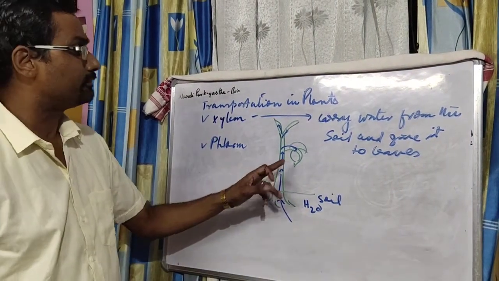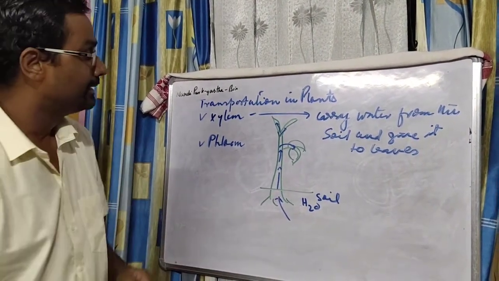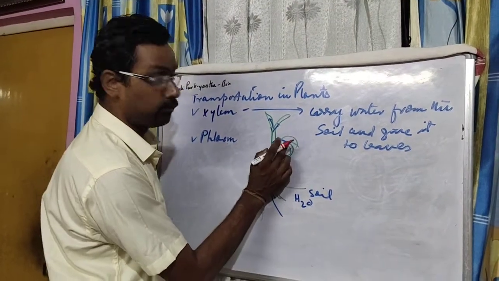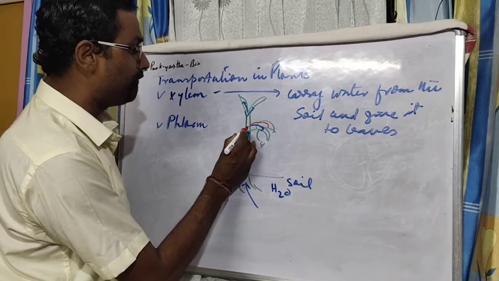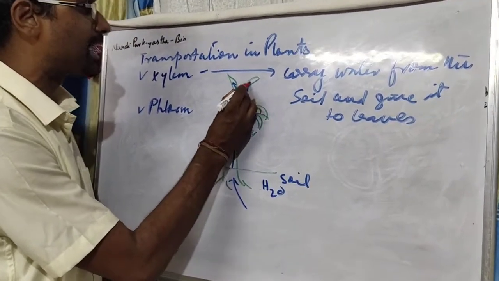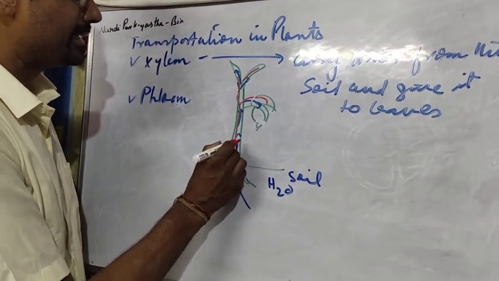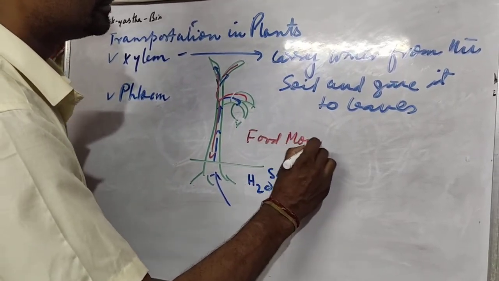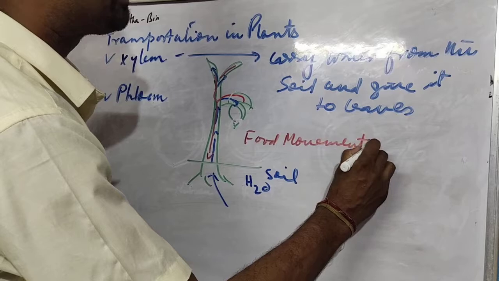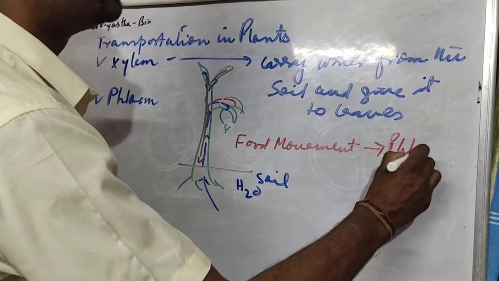Now what is the role of the phloem then? The water is given, now food is prepared. Then this food from the leaf moves to the different parts of the plant body. Can you get it? Food movement takes place through phloem.